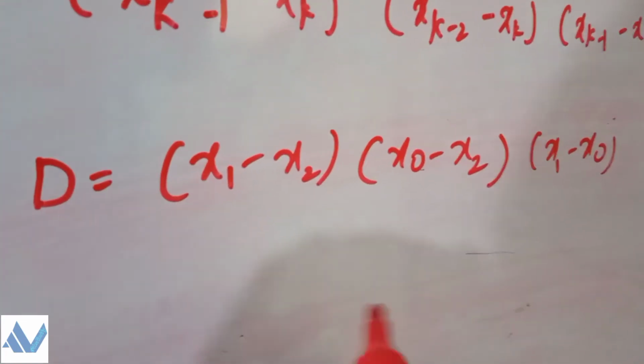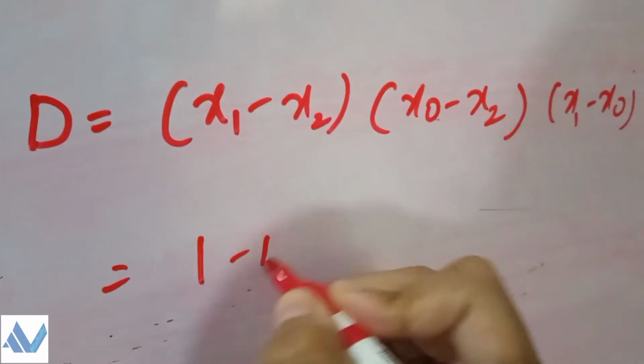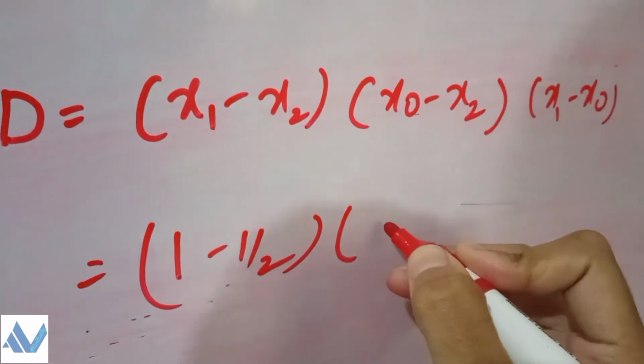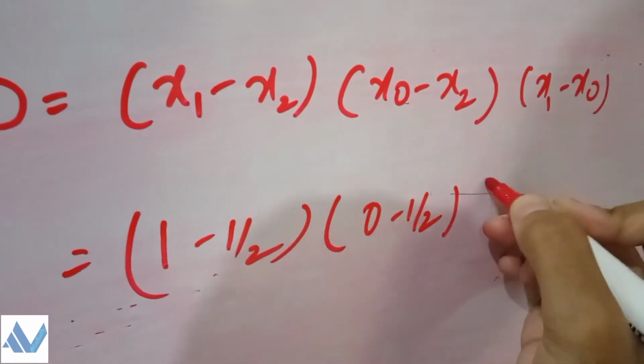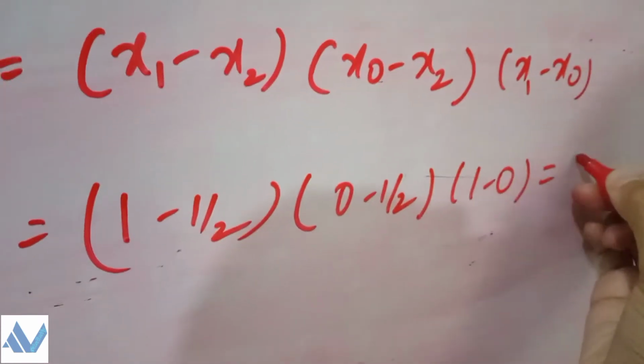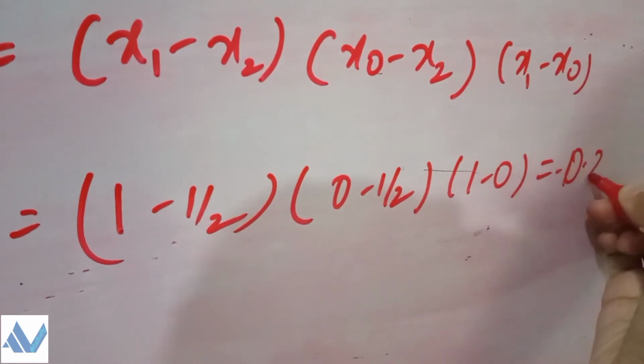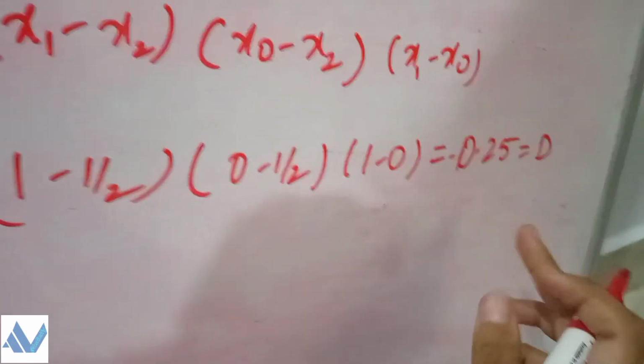Now we substitute the values: 1 minus half, 0 minus half, 1 minus 0. So we get minus 0.25, which is the d value.